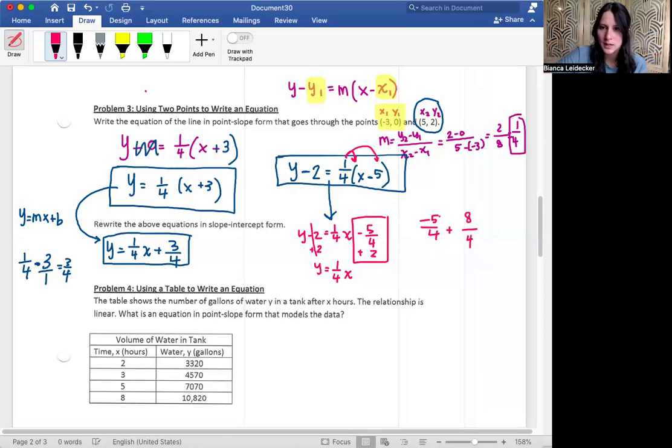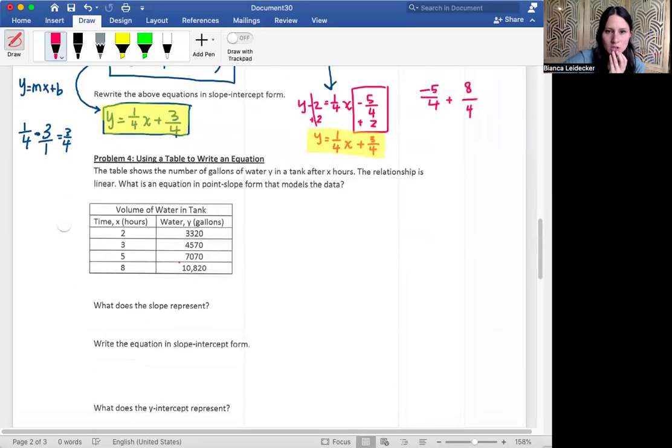And so then this would be positive 3/4. So that's plus 3/4. And that is my equation. So if I look at this, y equals 1/4 x plus 3/4, that is the exact same equation I have over here. Y equals 1/4 x plus 3/4. So they end up having the same exact equation.